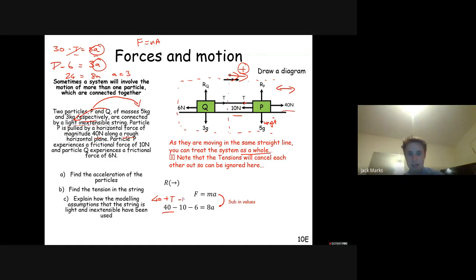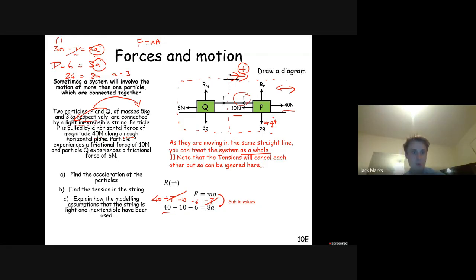Well, there's a minus 10, there's a minus 6, and there's a minus T. There's a minus T here. T counts twice. But that doesn't appear here because they've cancelled it out before it even begins. So they've done the resultant force of the whole system equals ma, mass of the whole thing, acceleration of the whole thing.